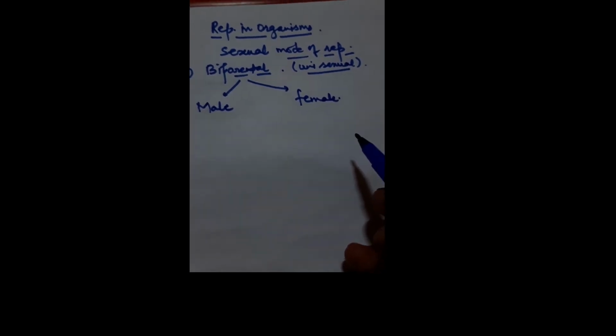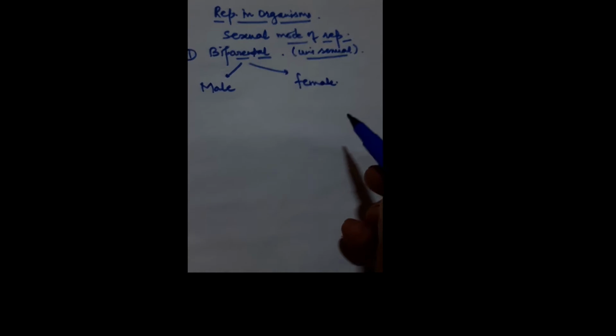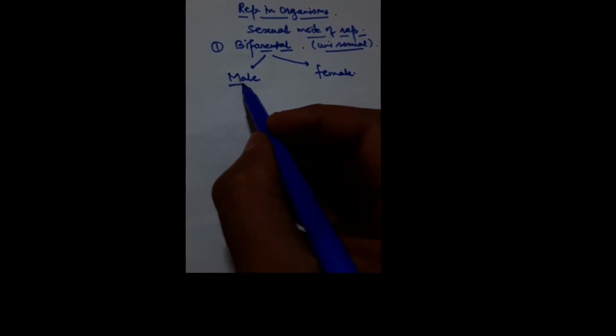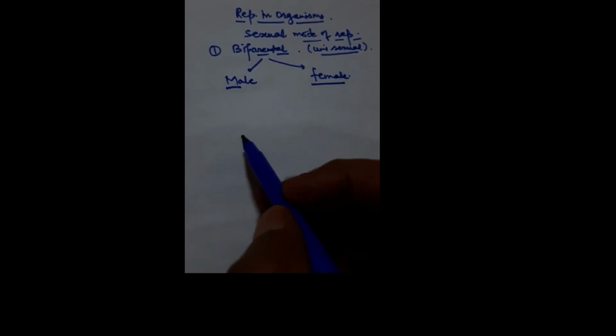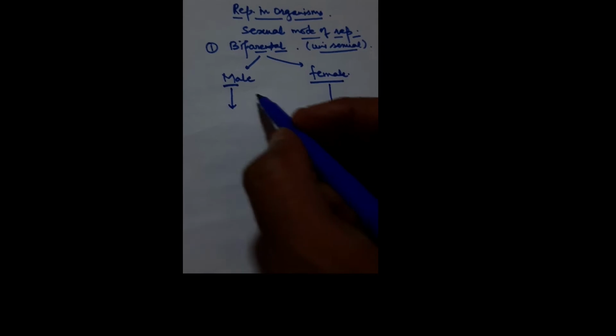And if the parent is a bisexual organism, there will be two parts of the parent, which we are going to discuss later on. So these two parents, how do they contribute to the process of reproduction? The parents go through a process of gametogenesis, a process in which gametes are formed.